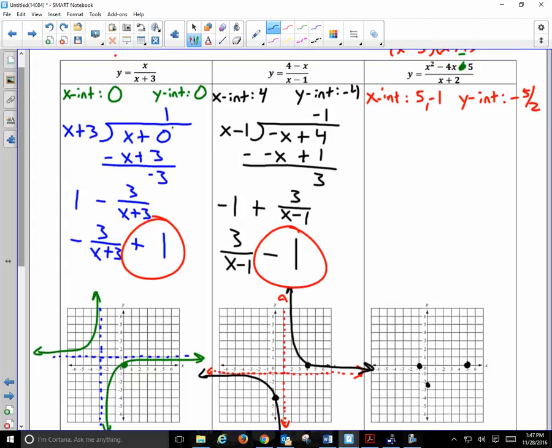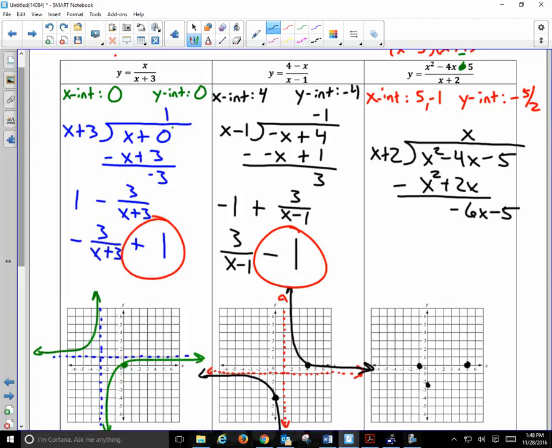Now, let's divide it. X plus 2 goes into x squared minus 4x minus 5. What do you multiply x by to get x squared? Multiply it back through x squared plus 2x. Subtract, -6x minus 5. -6, very good.